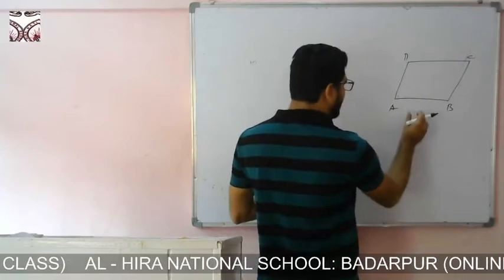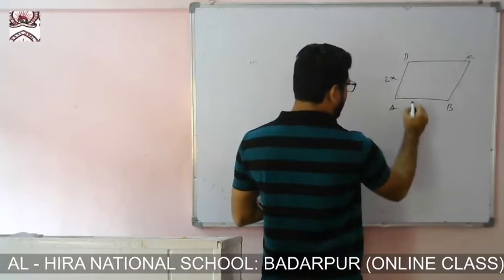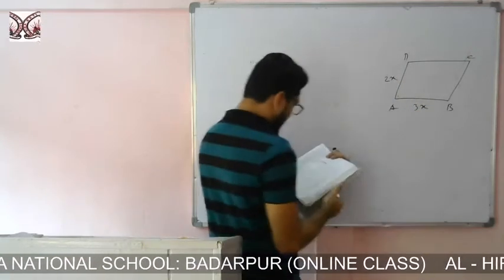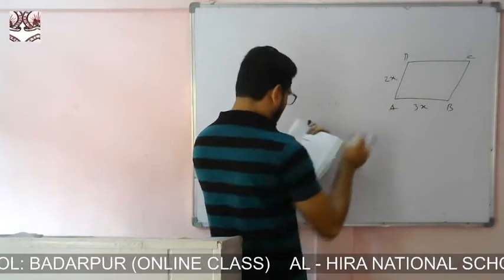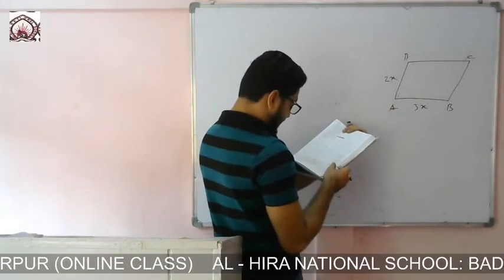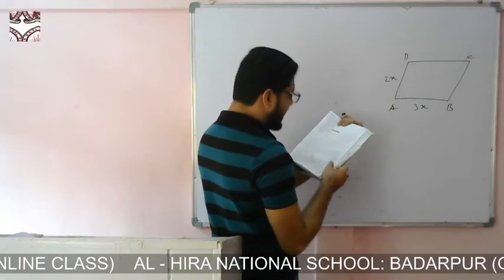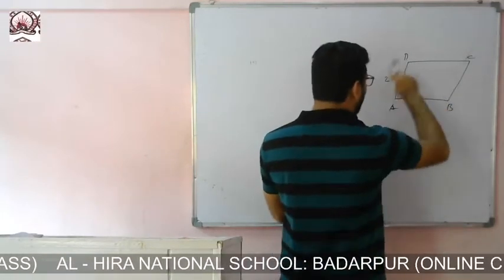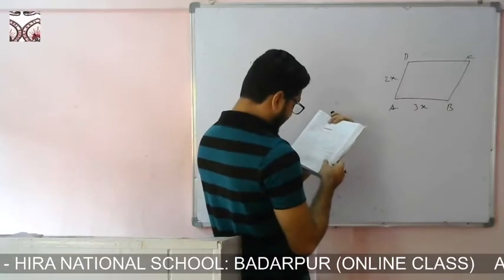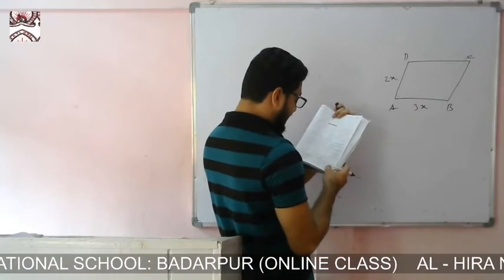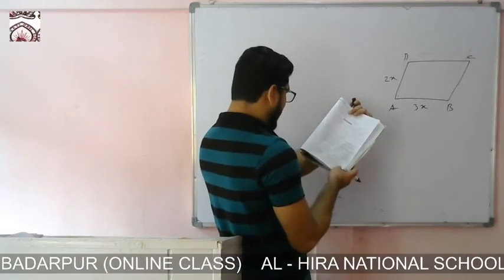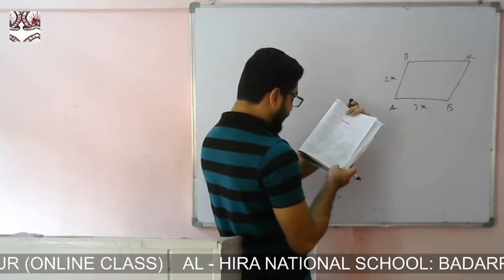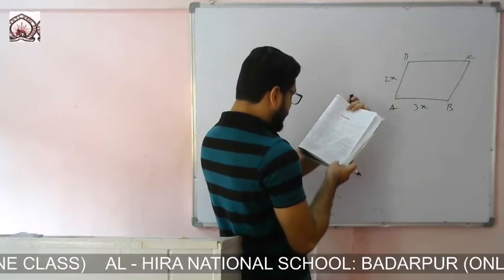So 2:3 means this side will be 2x and this will be 3x. If its perimeter is 50, that means if we add all the boundary, we get 50. The altitude corresponding to the larger side is 10 centimeters.